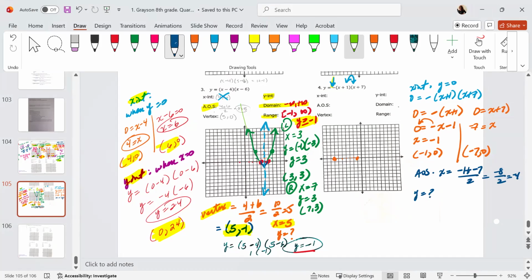Now I gotta figure out what y is, right? So you go back to the equation. Y is equal to negative 4 plus 1, negative 4 plus 7, right? So then I have negative 3, 3, 9, correct? So your vertex is going to be negative 4, comma 9.